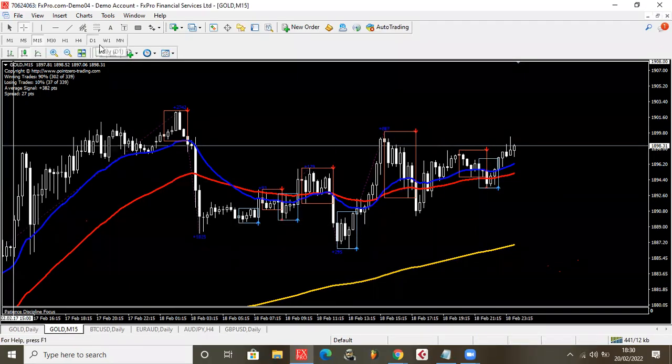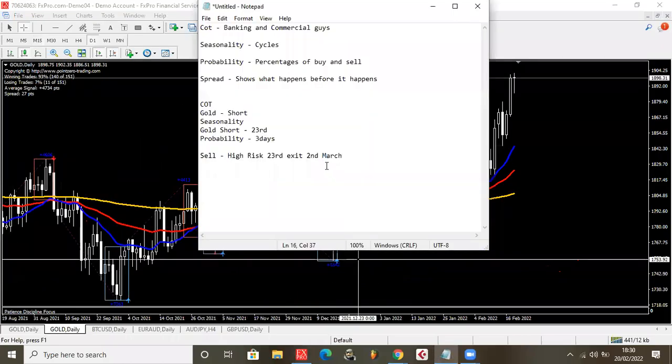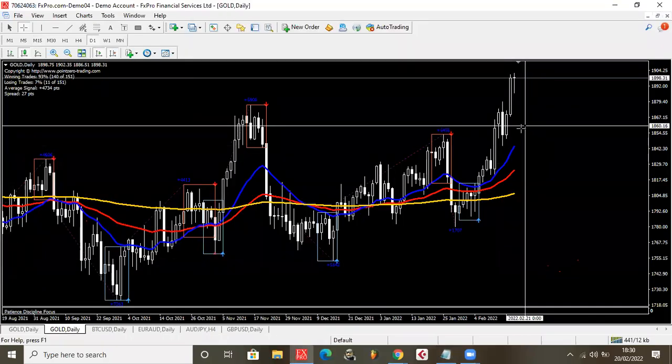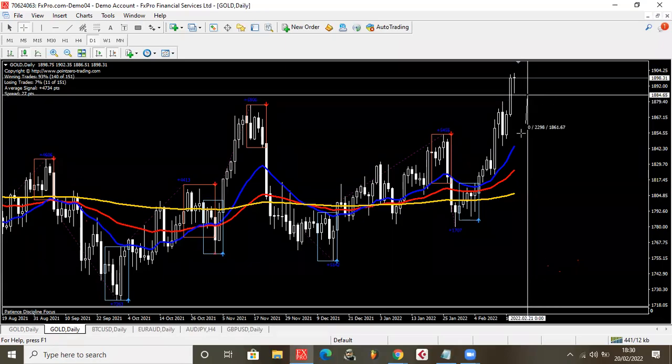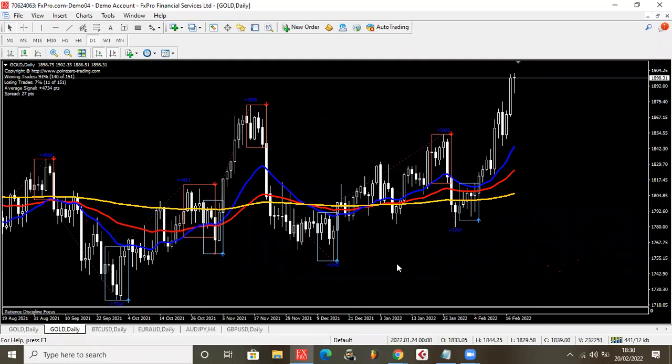Because this trade is kind of a long-term trade, not too long, about a week plus, what you can expect is if we get an entry, let's say somewhere around here, you can profit about 300 pips, 361 pips, or up to 400 pips. Now 400 pips on 0.10 is $400, and 400 pips on one lot is $4,000.